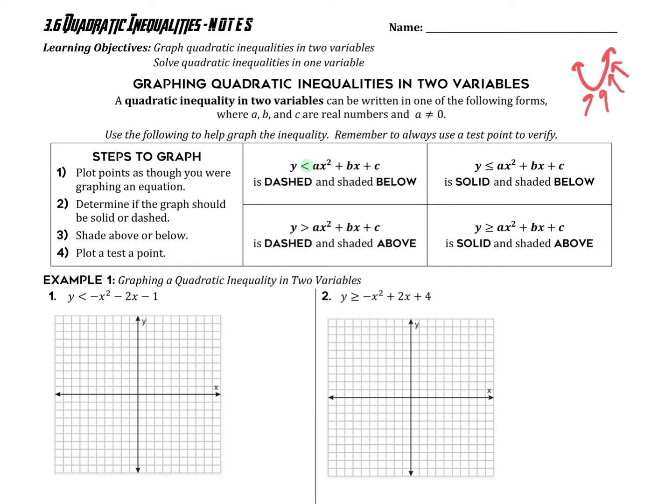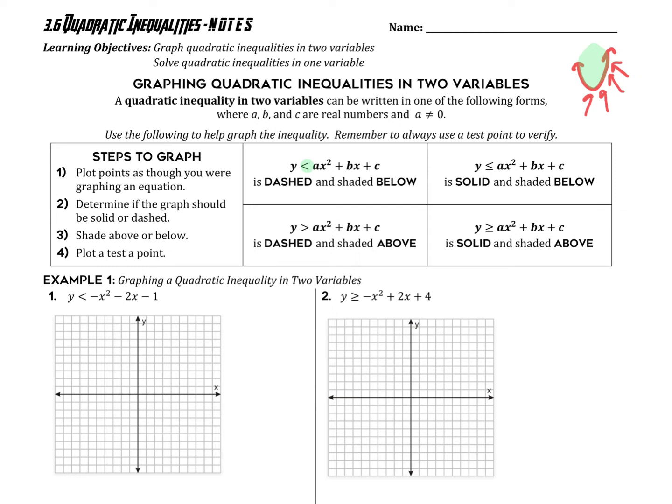And what that means is that we don't just have solutions that are points on a curve. We have solutions that are either inside or outside because we're describing the type of points or the type of ordered pairs that make a quadratic inequality true. So we're going to be looking for more of a range of answers, and that's going to lead us to talking about what this looks like graphically.